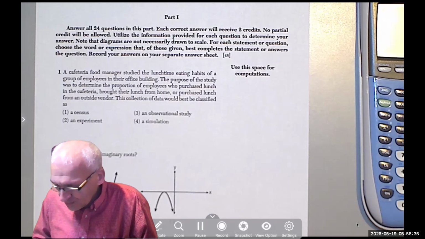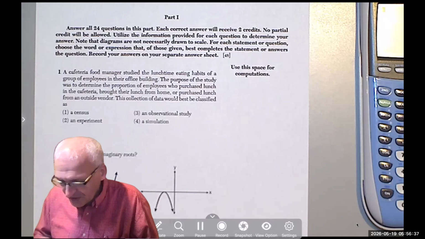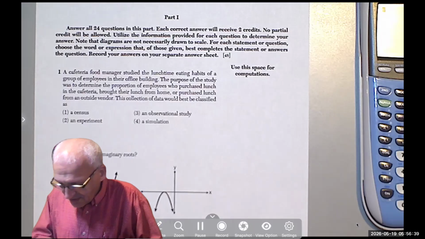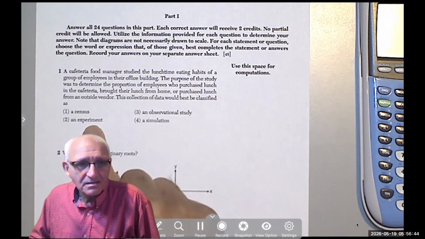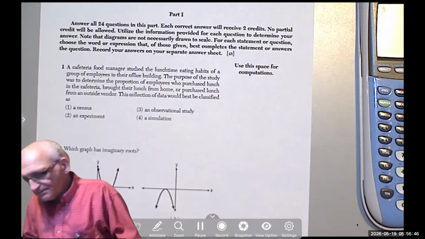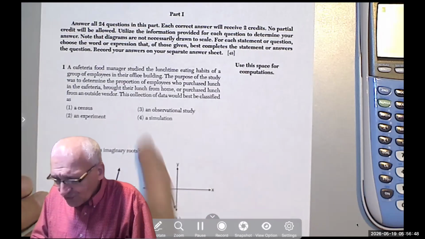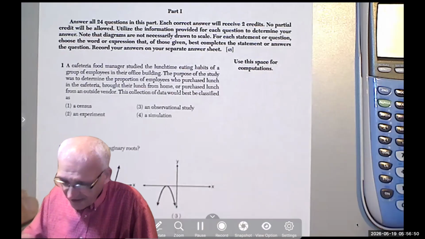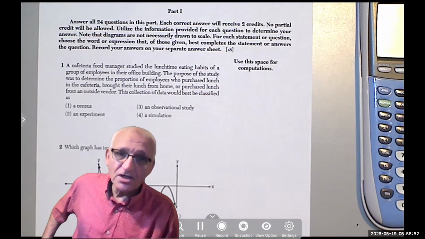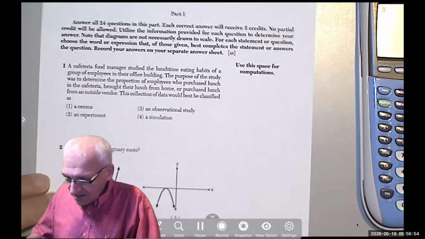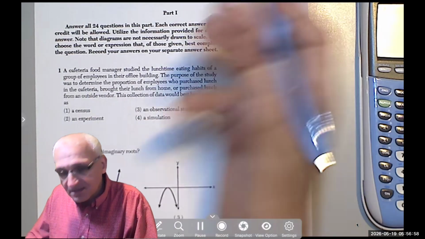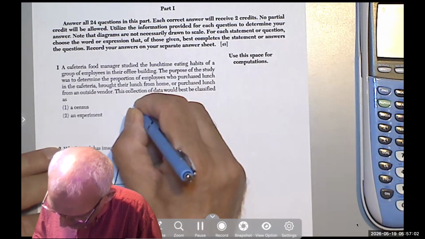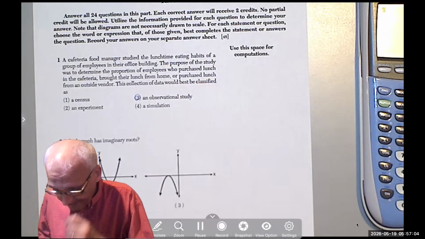No, that's a group of employees, not all the employees, right? An experiment? No, we didn't design anything, right? And of course, it's not a simulation, so it has to be an observational study. We are observing the employees, and we ask them. So we observe what's happening. We didn't design or prepare anything.